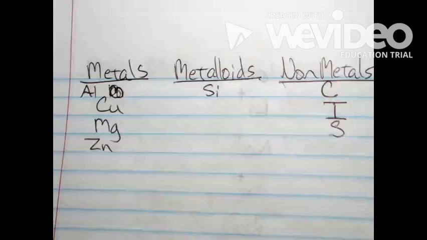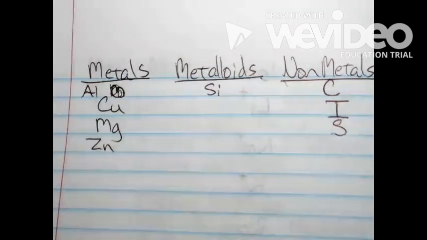Okay. On number 2, we're drawing the Lewis structures for the alkaline earth metals. And then we want to draw a diagram that illustrates how they become ions.